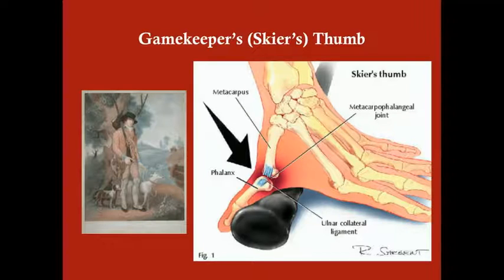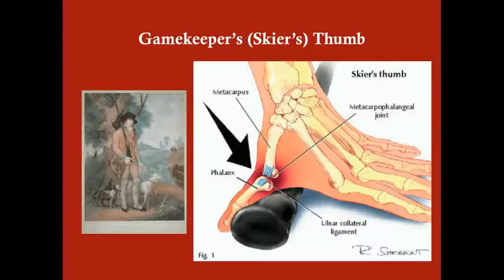Now you might be wondering, why are they called that? Just think of it this way. Ulnar is pinky side, radial is thumb side. So the ulnar collateral ligament is just the ligament that supports the thumb on the pinky side, so the side closer to the pinky. And then the radial is on the opposite side.